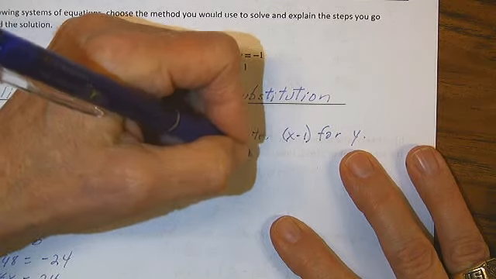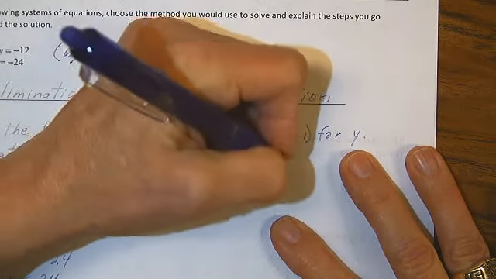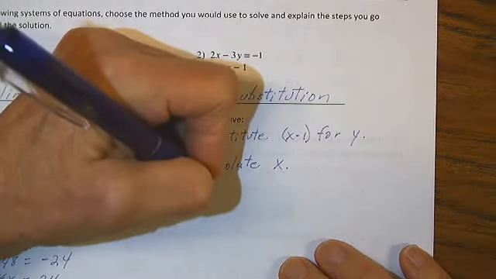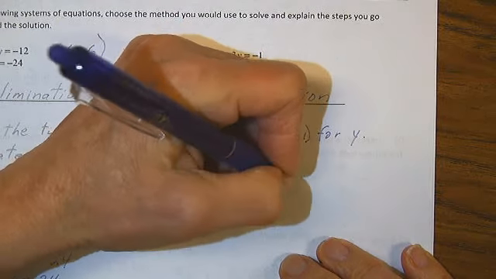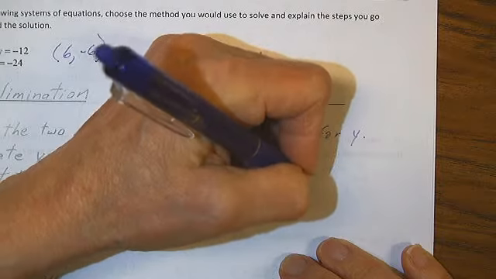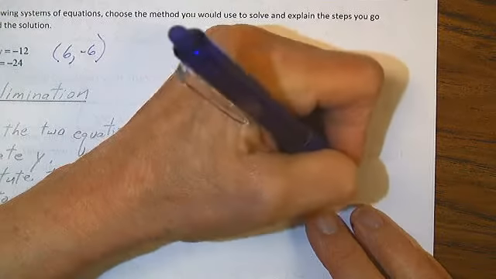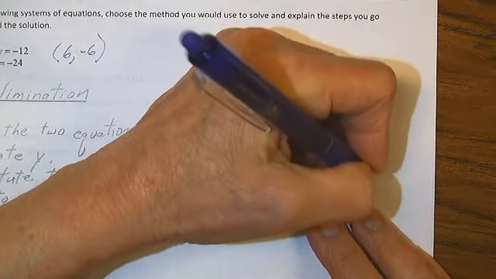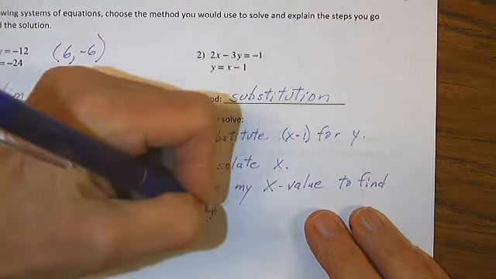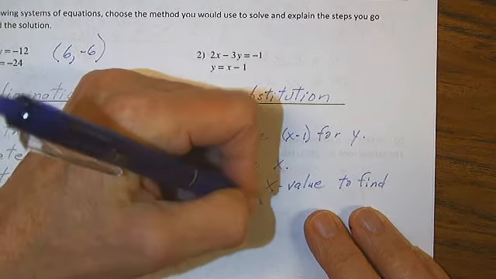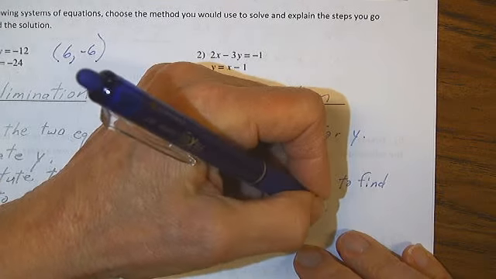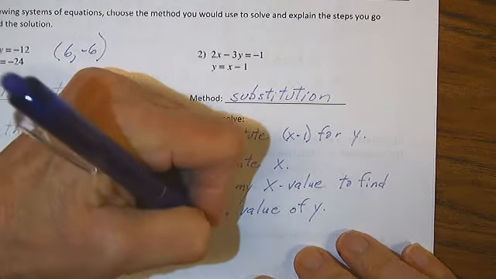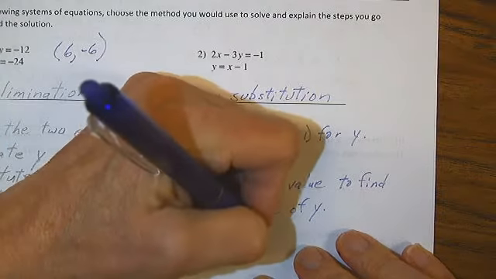Then I isolate x. I use my value of x to find the value of y. Finally, I check my answer.